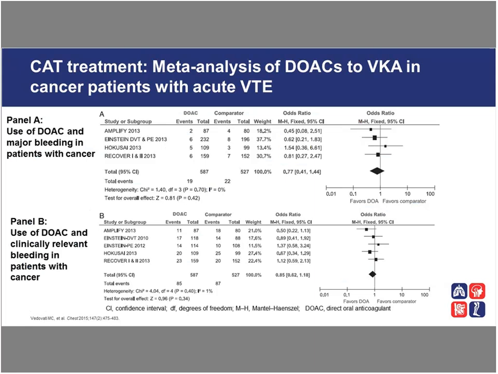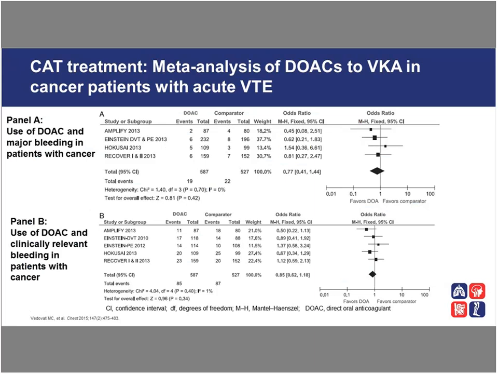When we look specifically, again, at these meta-analyses of the DOAC versus vitamin K antagonist studies in subgroups of cancer patients with acute VTE, and we look at major bleeding in panel A, and then in panel B, we're focusing on clinically relevant bleeding.